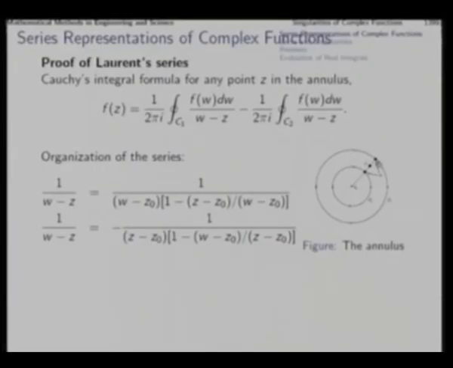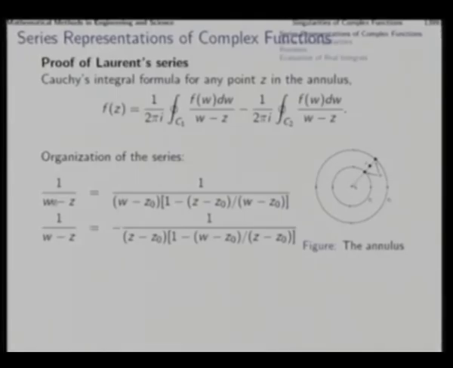So, you see, for the outer circle z minus z0 will have radius less than the radius of C1, that means the absolute value of z minus z0 will be less than that of w minus z0 for the outer circle. For the inner circle it will be the other way around.